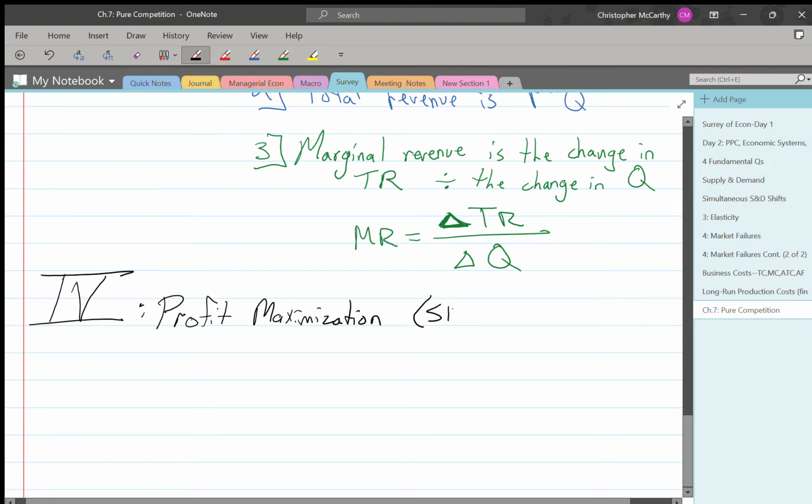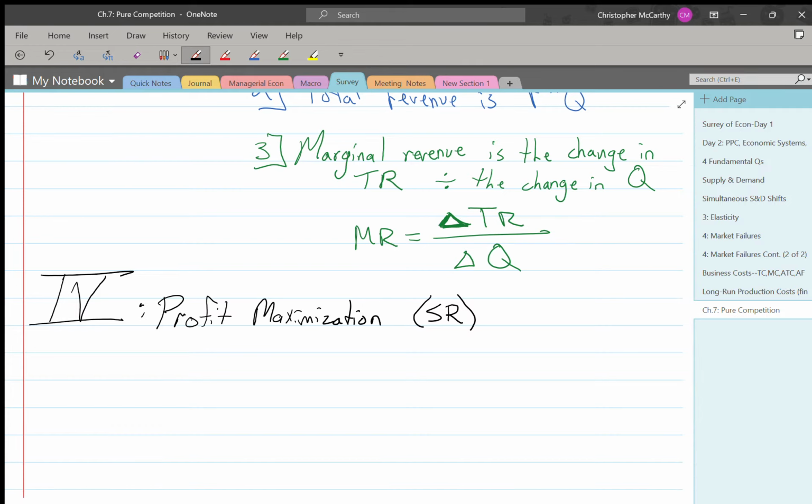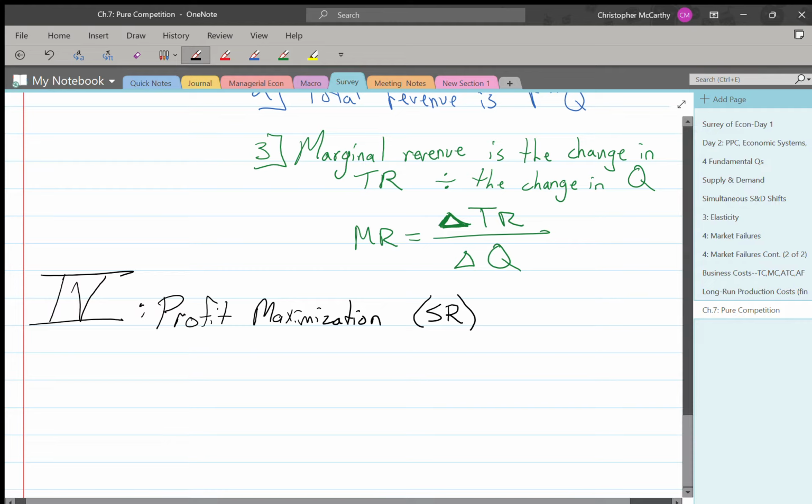And this is in the short run, and that'll become important later. Don't worry about it too much. We know that the short run just means that something is fixed. The size of the plant or the building is fixed. The number of ovens in the pizzeria is fixed.